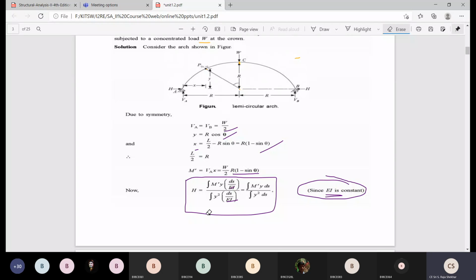So we can write this equation as integration of m dash y into ds by integration of y square ds. Individually we need to calculate m dash value, calculate the numerator integration, and substitute boundary conditions, and calculate the denominator values and substitute them. We're going to get h value.